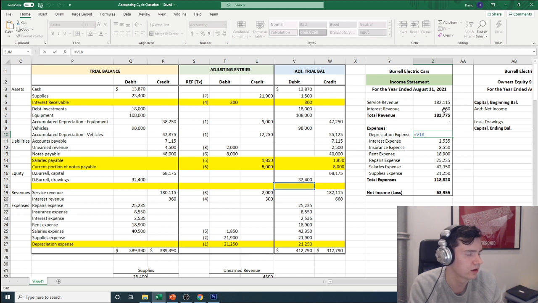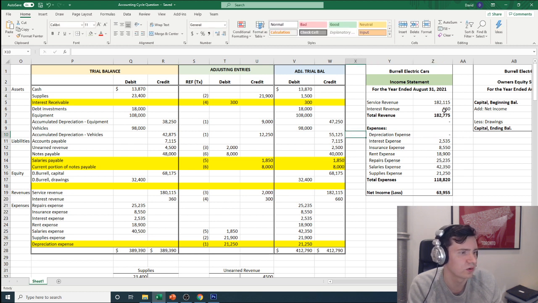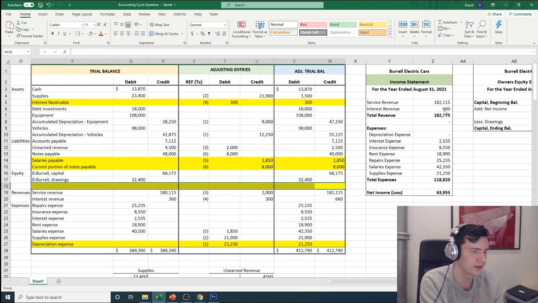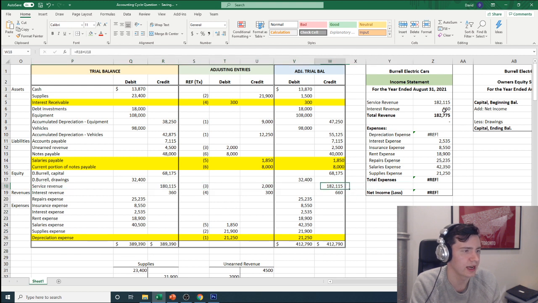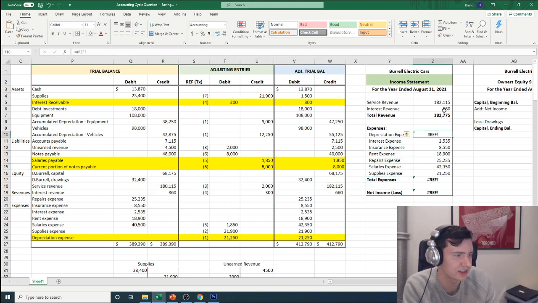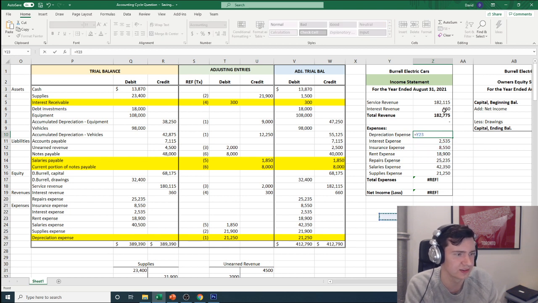I guess when I originally did this, I put depreciation expense there, but this time I actually added it at the very end, so I'm just going to reference a different cell, which is the depreciation expense. Excuse me, there.